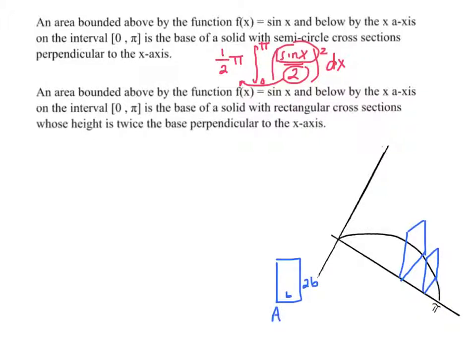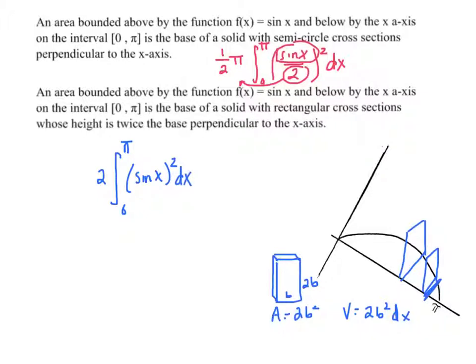So the area is 2b squared. So thinking about it in 3 dimensions, the volume is 2b squared dx, where dx represents that little width. And again, the base is just, in our case, sine. So we'll integrate. I'll bring the 2 out front. We'll go 0 to pi of sine x squared dx.